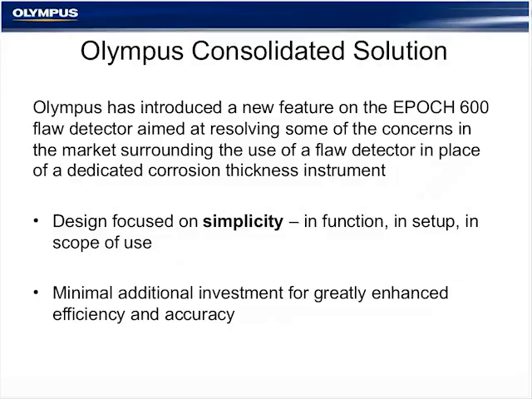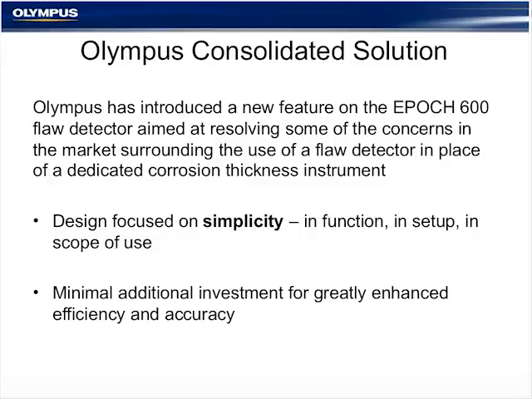So all of the disadvantages that we just discussed with using a flaw detector for the corrosion market come from the manual control of a flaw detector and the higher level of training required.